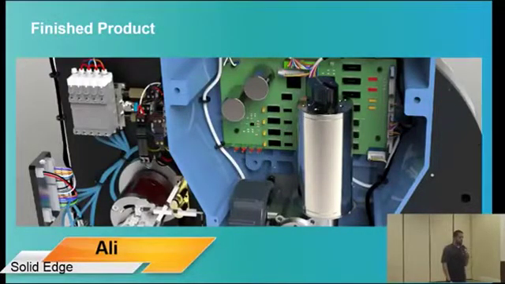So you can get a full rendered product of your car that you can put on your website before you even make your car, right? That you could take to sponsors, or you can take to people and say, look, here's your logo. Where would you like it on the car, right? We can make it big, we can make it small, whatever, right? These are the types of things that you can do with Solid Edge that comes with it.